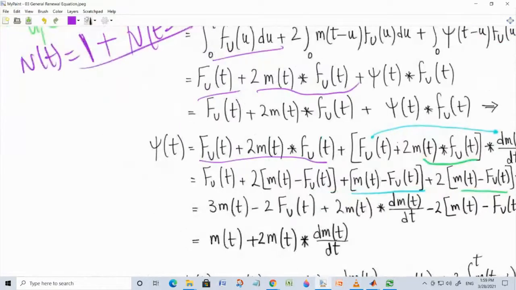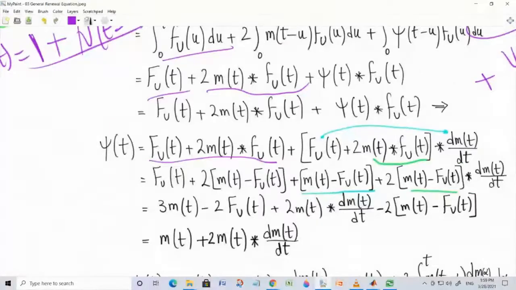Then we know some results. Sometimes we prefer to write everything in terms of the renewal function, rather than having the PDF, the CDF and the renewal function. Here everything does not look nice, so we can use ideas like M of t.